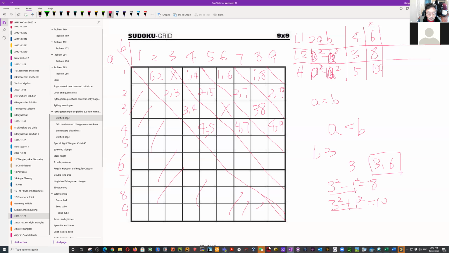And then 5, 6, and 5, 8. And then 6 and 7. And 6, 9 we also need to cross out because 6, 9 has a common factor of 3.